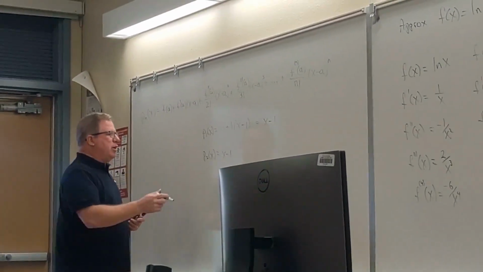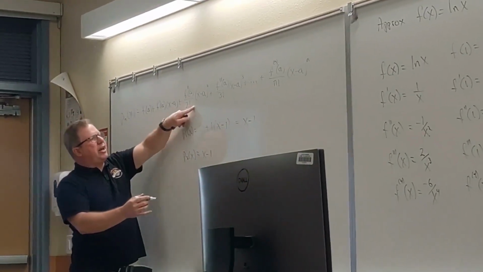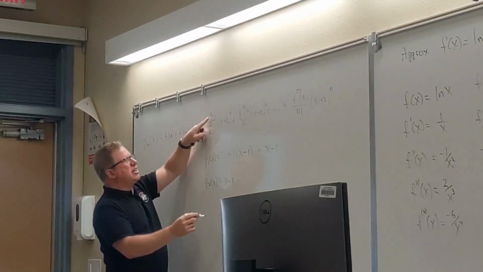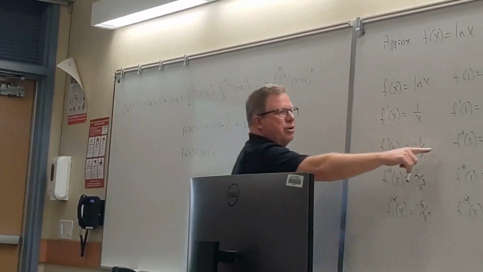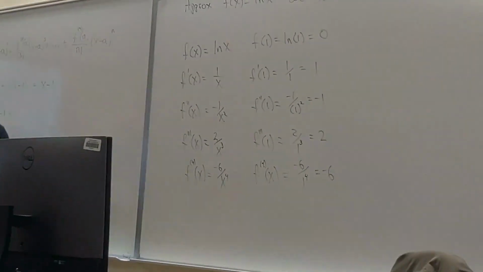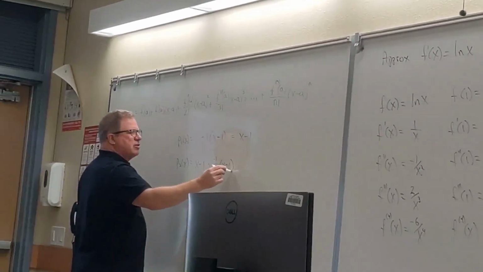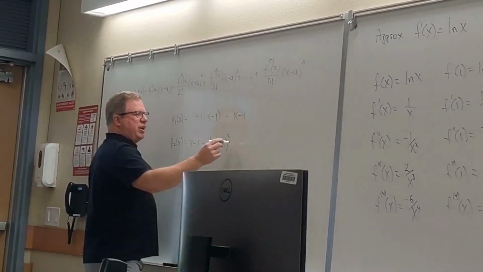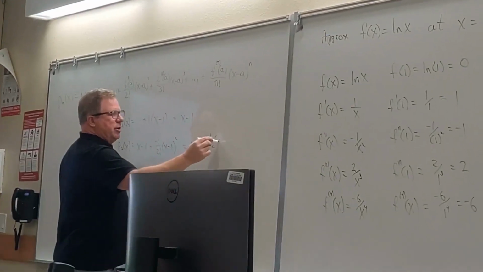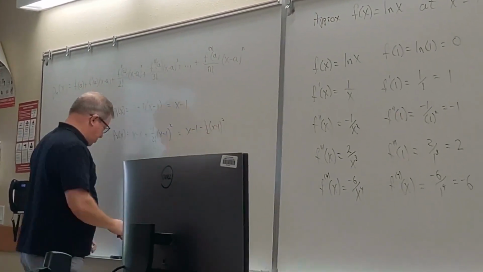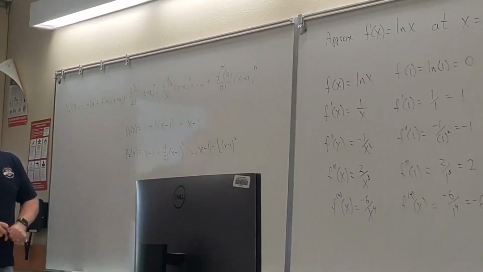All right, P2 of x is going to be this x minus 1 plus the quadratic term, so plus the second derivative over 2 factorial. Our second derivative is negative 1 over 2 factorial times x minus 1 squared. So that's just x minus 1 minus 1 half x minus 1 squared. You can think of this as being a term like that.